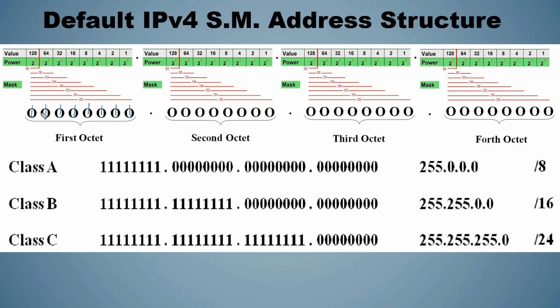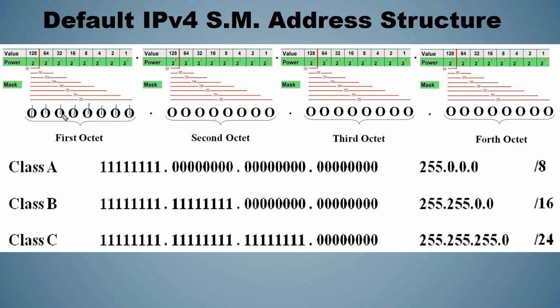These ones represent the network bits and zeros represent the host bits. And of course, anytime in any octet we see all the 8 bits turned on, the decimal value is 255.